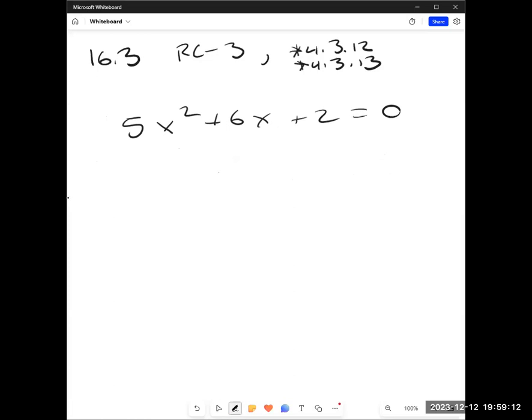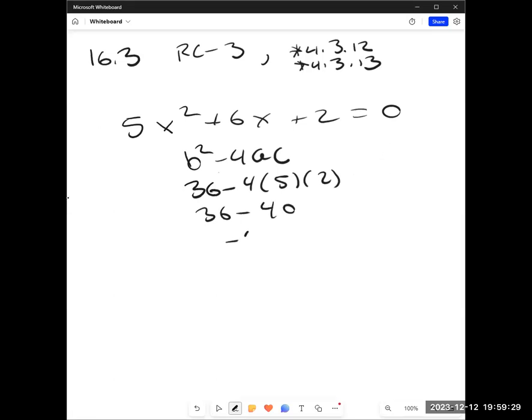We don't actually want to find the zeros, but all we need to look at is b squared minus 4ac to decide that. So b squared is going to be 36, minus 4ac is 40. Uh-oh, that's a negative 4. Right?